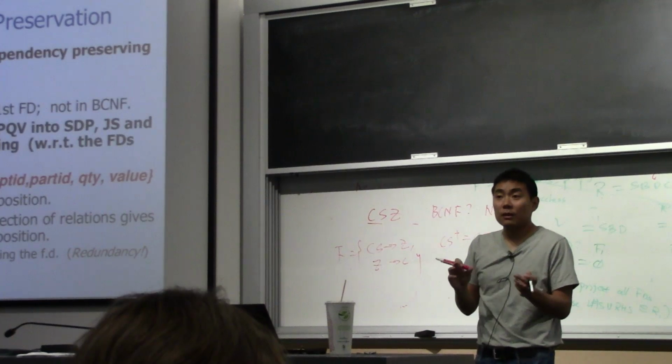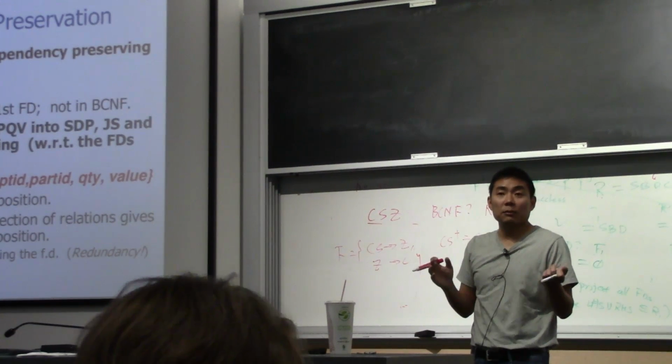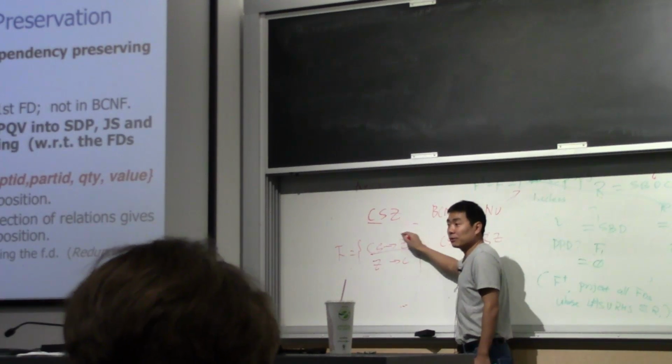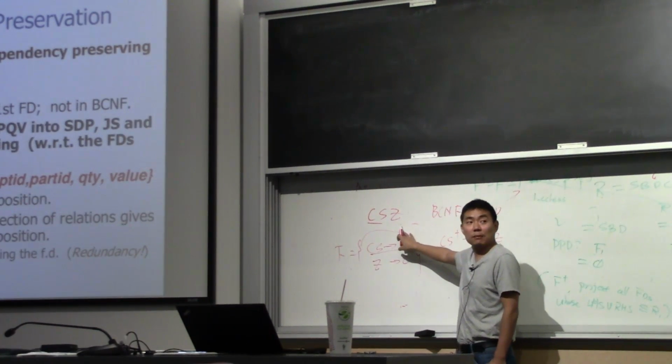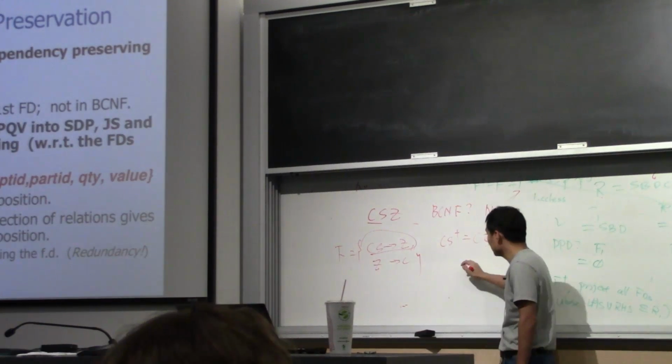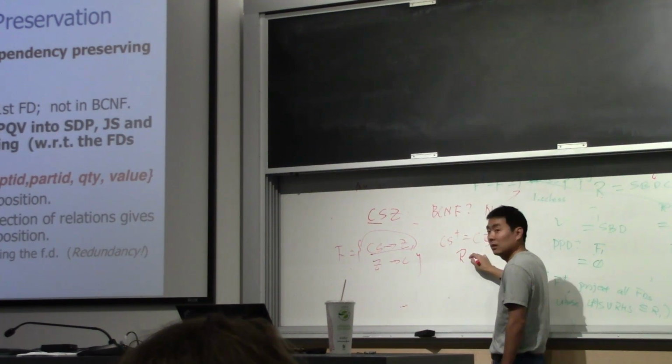Now we're going to decompose this using the decomposition algorithm we described earlier. Do you need to do anything for the first functional dependency? No, because it satisfies the BCNF requirement. The second one violates the BCNF requirement. So you decompose R into R minus Y and XY.